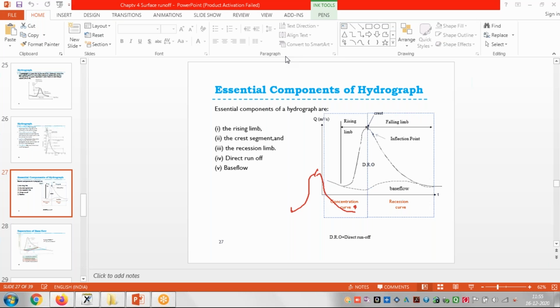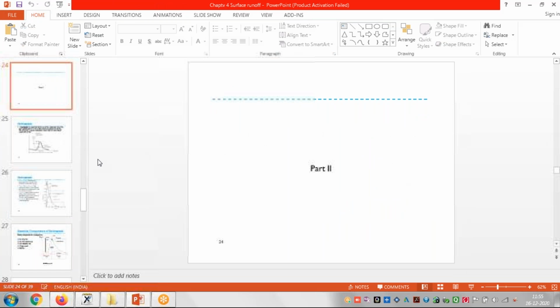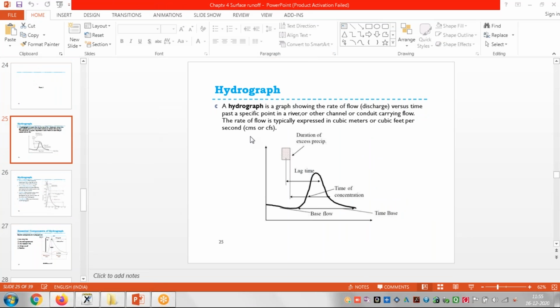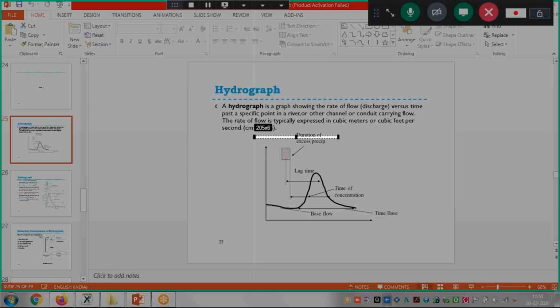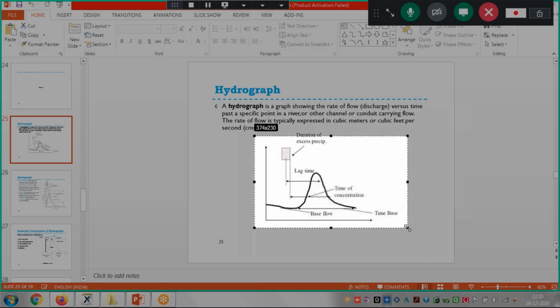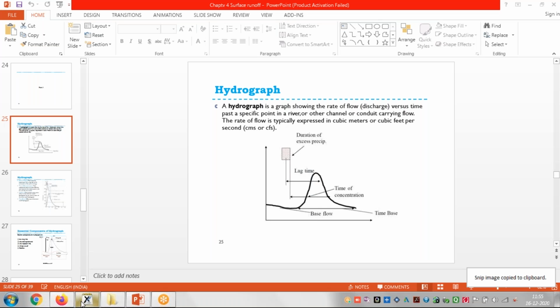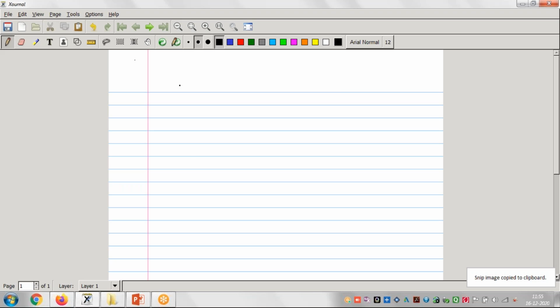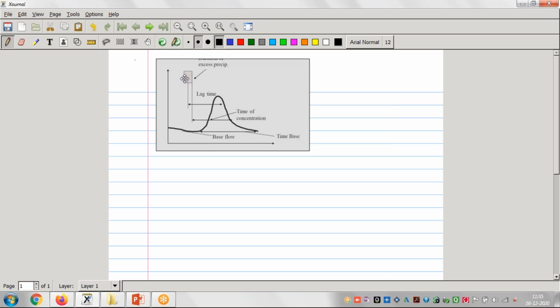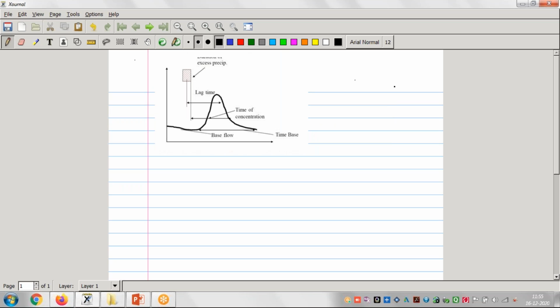I have drawn this here because I have to explain the things. See here, this term and the rainfall. This discharge is collected.